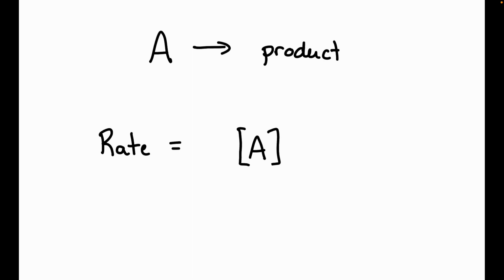It's proportional to the concentration times some constant, k, what we call, because we're super creative, the rate constant. But it's proportional to the concentration raised to some power n.